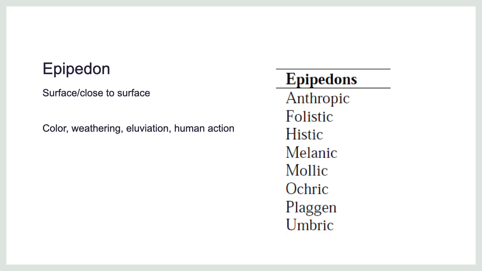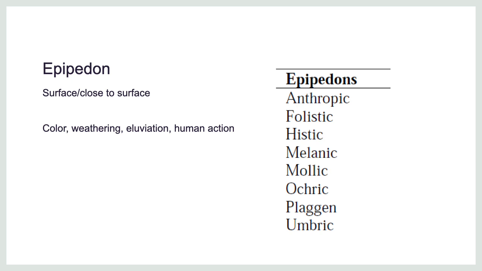Plaggen epipedon is an anthropic epipedon formed by humans, induced by trying to increase the soil fertility, adding alkaline materials and organic carbon materials. And the umbric epipedon is also a horizon formed by stabilization of organic matter by a metal, but in this case it's aluminium, and clay activities and clay minerals, trying to physically protect the organic matter, the organic carbon.